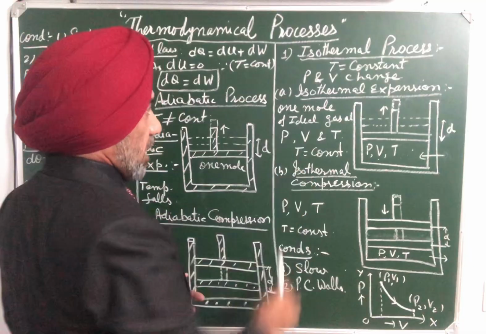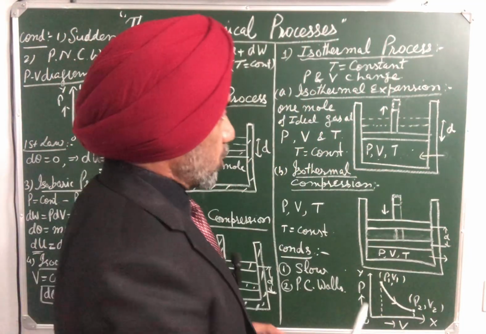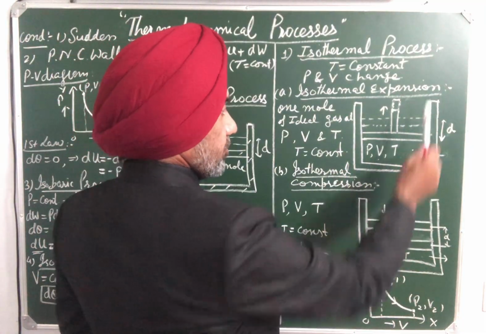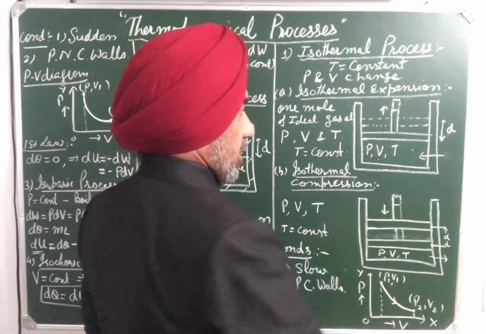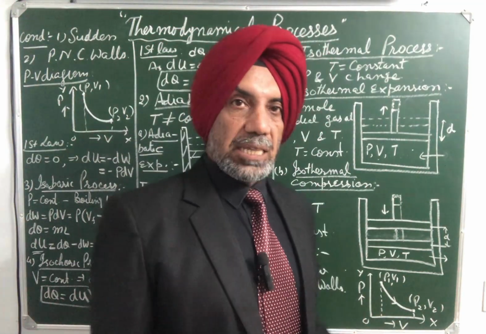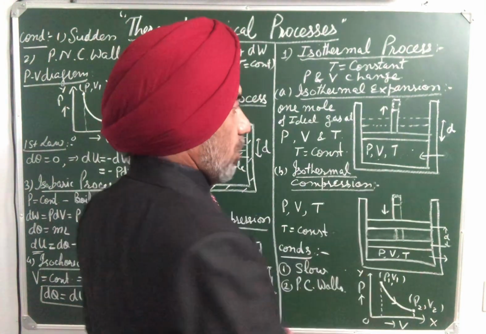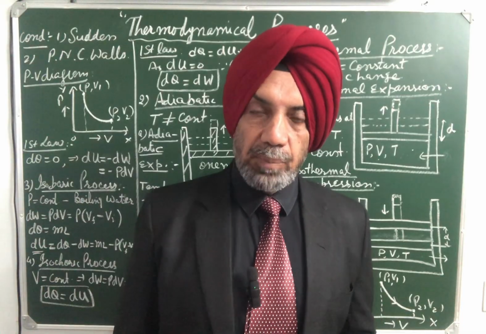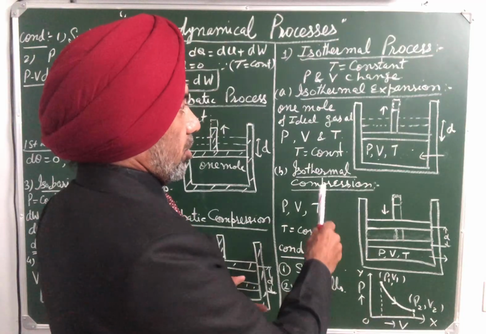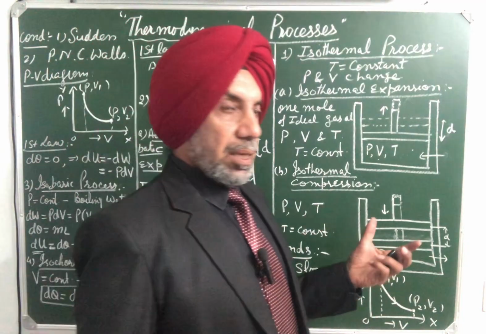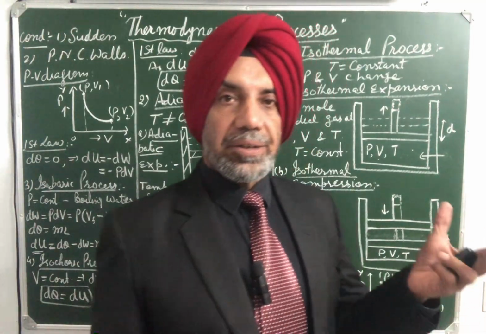So it consists of 2 parts. Number 1, isothermal expansion. Suppose we have a cylinder having perfectly conducting walls fitted with a perfectly conducting frictionless piston containing 1 mole of ideal gas at pressure P, volume V, temperature T. Now, suppose this piston is allowed to expand slowly, at a very slow rate.